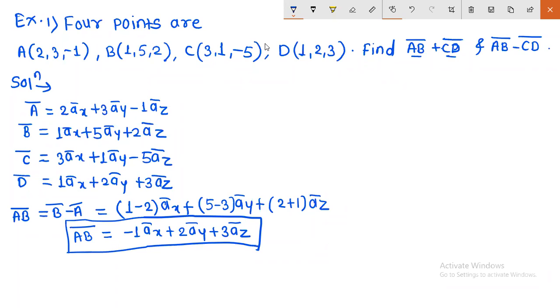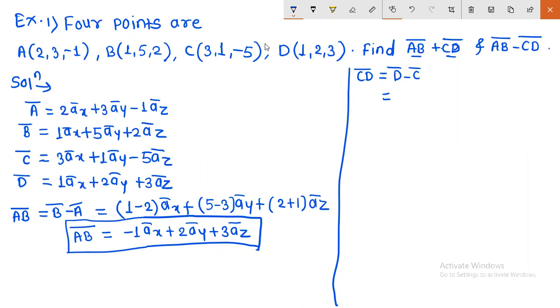Now we have to find similarly vector CD bar. This CD bar is nothing but D bar minus C bar. Now you have to tell me the equation. Vector CD bar, that is D bar minus C bar.